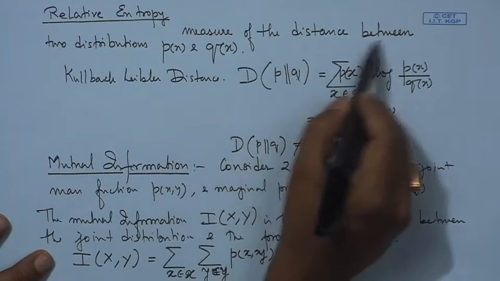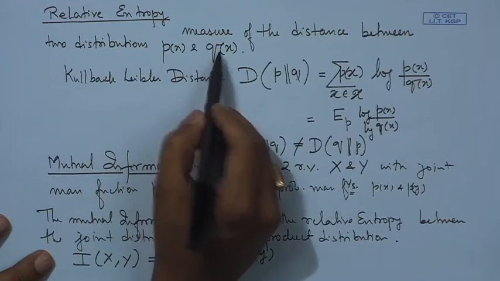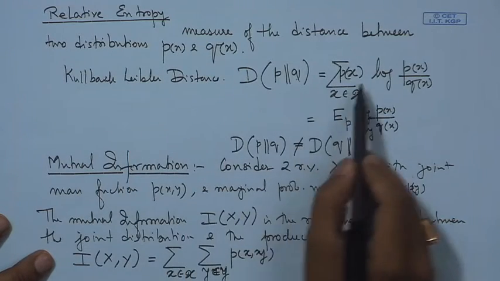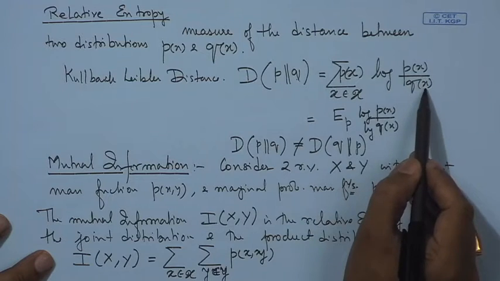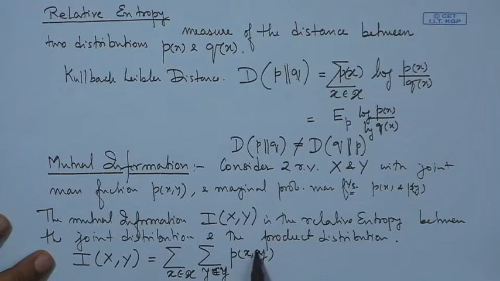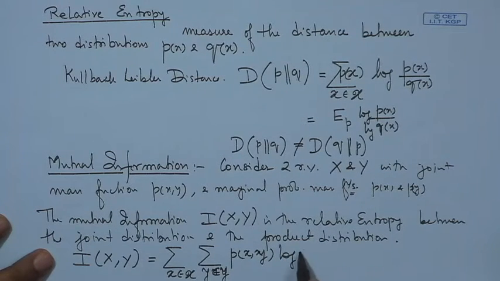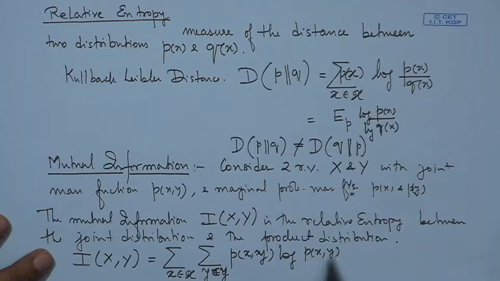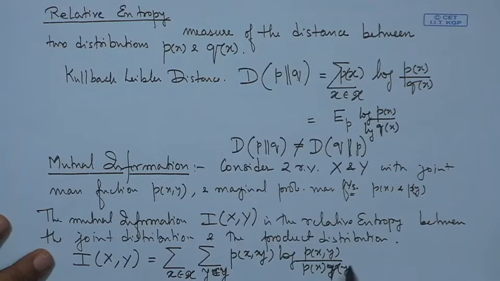So here if you look at it, the distance between the two distributions px and qx is given as sum over px log px by qx. So the same thing follows over here: joint, log of p of xy divided by p of x times p of y.